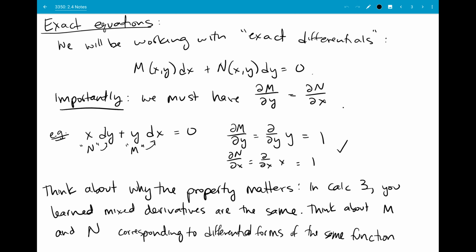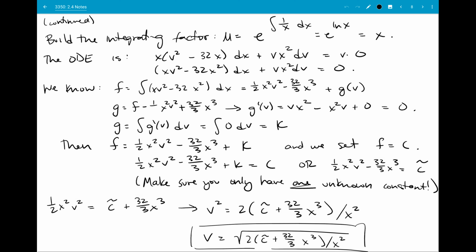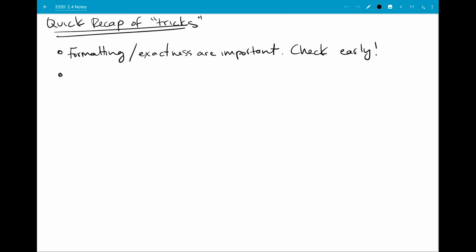When we were working on this first example, we said that one of the challenging things is that there's a lot to keep track of.